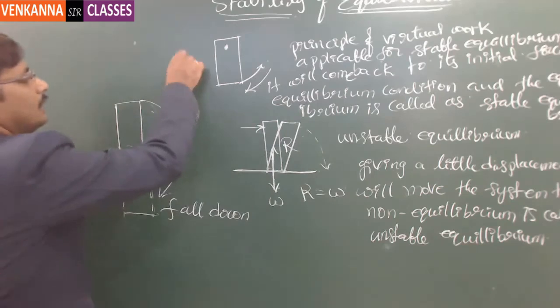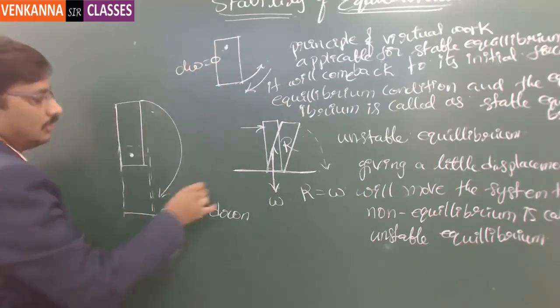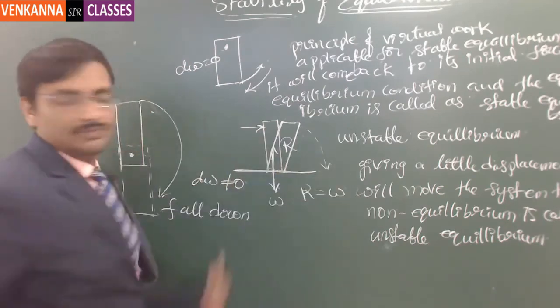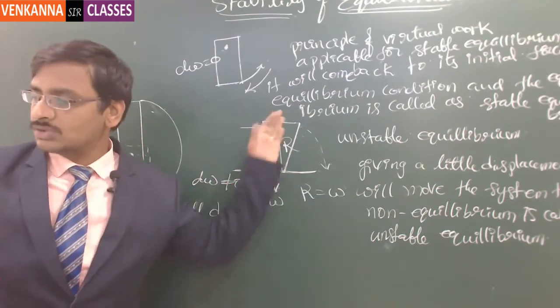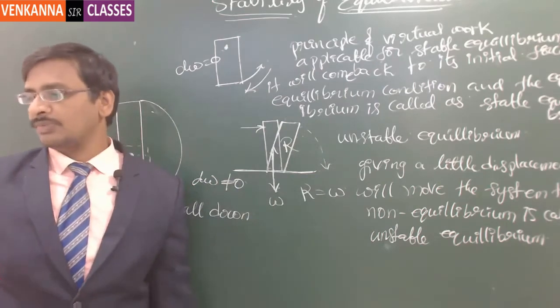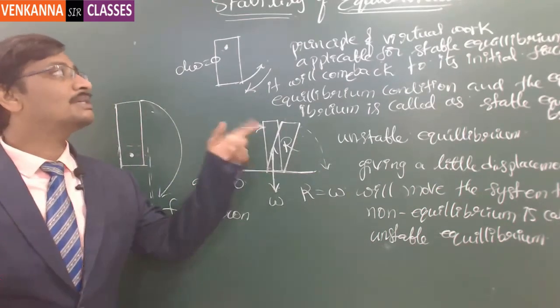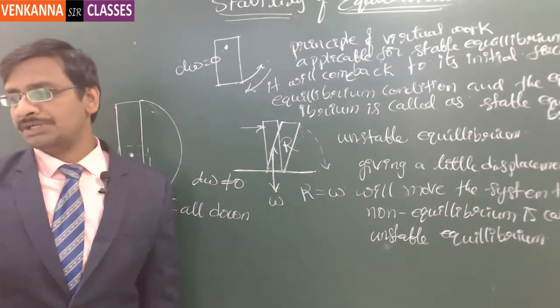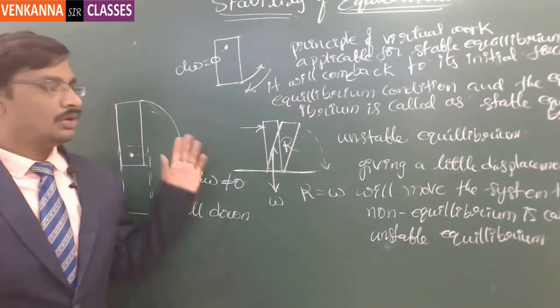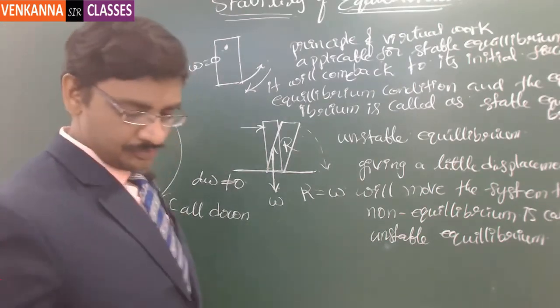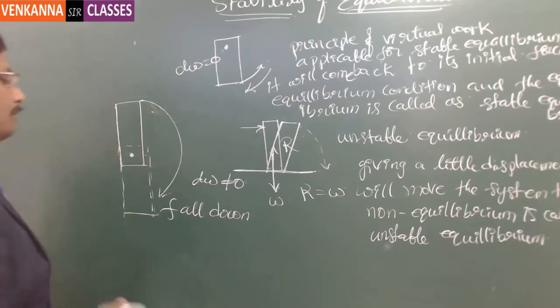Here dW you have given will be 0, but dW is not equal to 0 as it keeps moving further. The energy keeps being released so that it falls down like this. Got it? So this is the application of the principle of virtual work for the stable equilibrium condition. You can note this down. Now based on this understanding, how can we state neutral equilibrium?